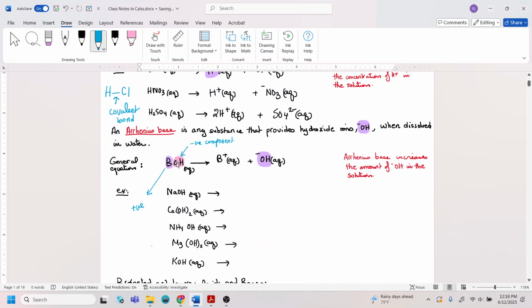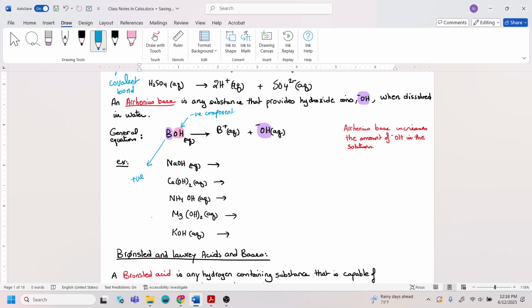While in the case of the base, you do have sodium, Na, and then OH. This is not an NO, it's an OH, and the bond between them is ionic. It's an interaction because the sodium is a metal and the OH is a polyatom that has a negative charge: positive, negative.